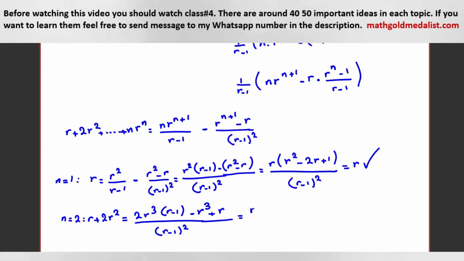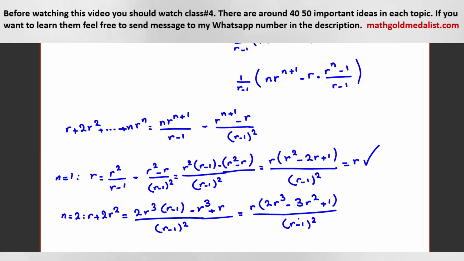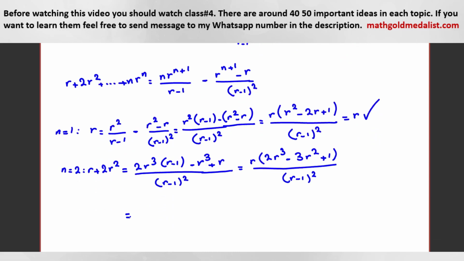Again, if we factor from r, it will be what? 2r cubed, then minus 2r squared, minus 3r cubed, right? And then we factor r squared plus 1 over r minus 1 squared. If we cancel r with this r, it will be 1 plus.